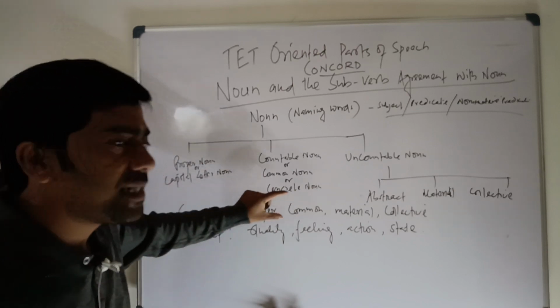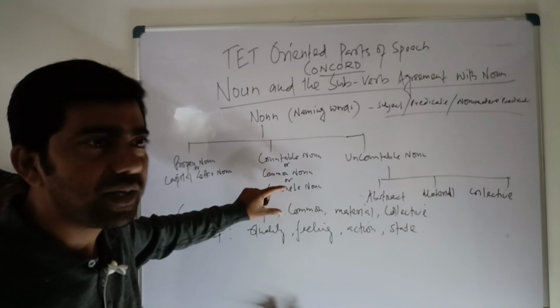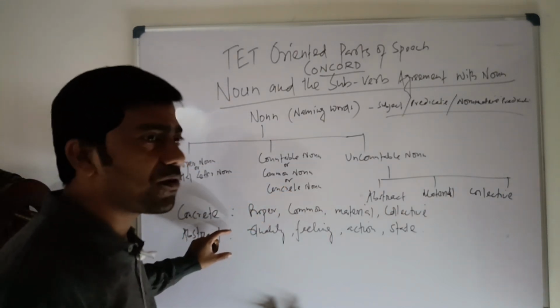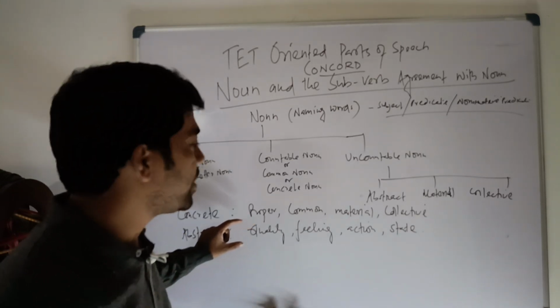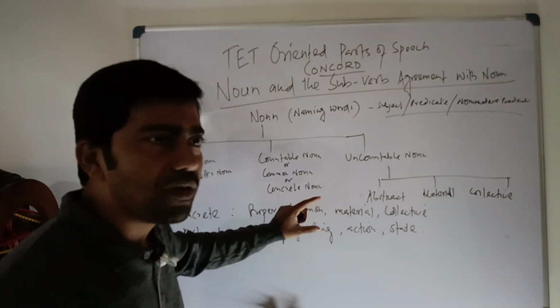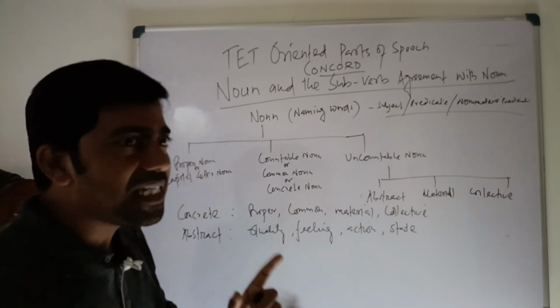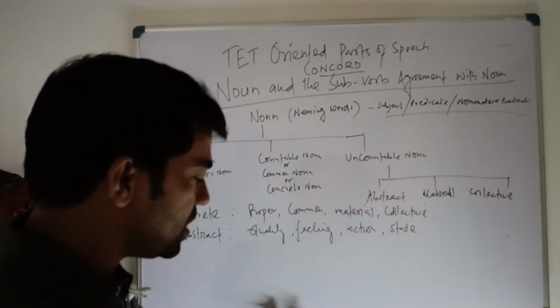So these are the concrete which we can see, we can touch, and these are the abstract which we can perceive, we can feel. So these are the nouns. So precisely these are the classifications of nouns.